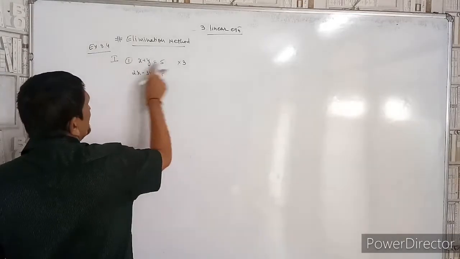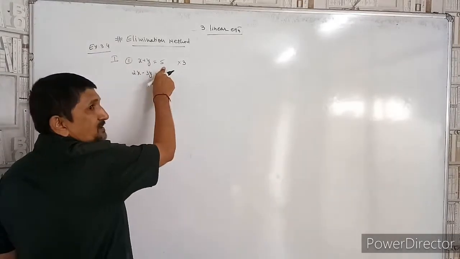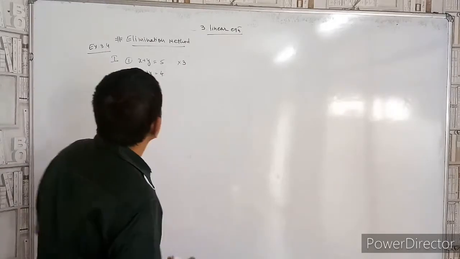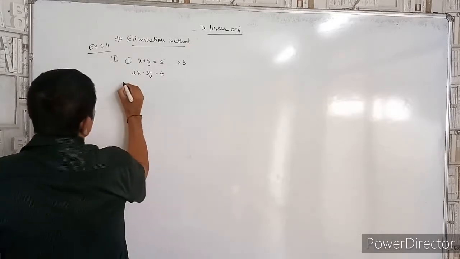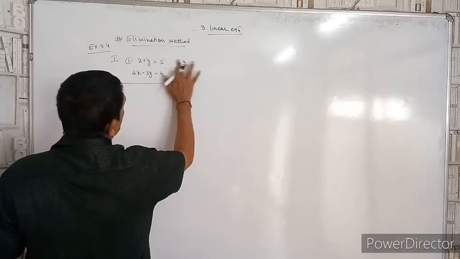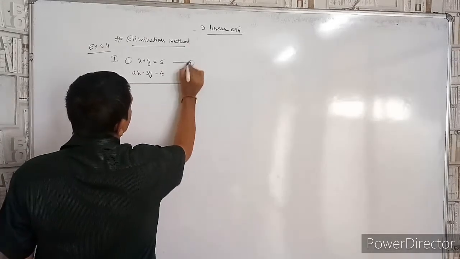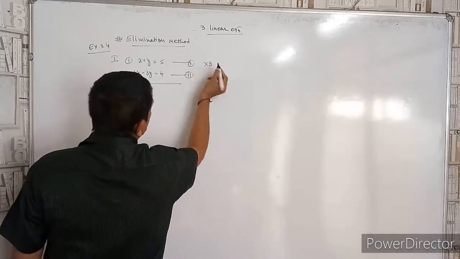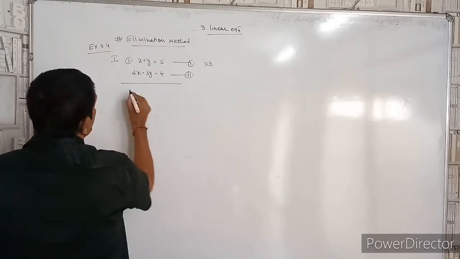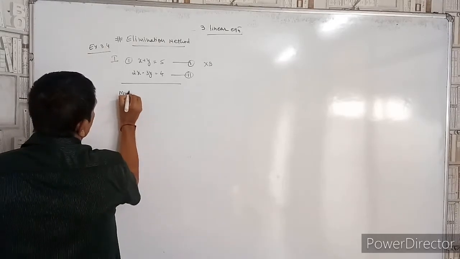So it will be 3x plus 3y is equal to 15. This 3 will multiply with all the terms. First we write down equation number 1 and equation number 2. Multiply equation 1 by 3.